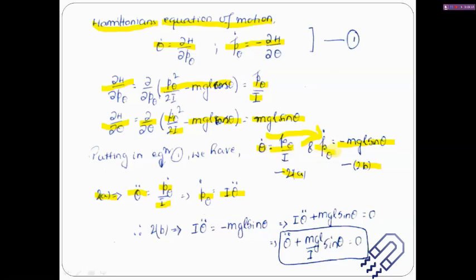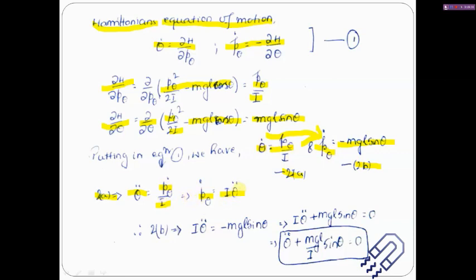For this, I check that here it is p theta dot, and there I have just p theta. So I differentiate it so that I get theta dot equal to p theta by I, and p theta dot is equal to I theta double dot.